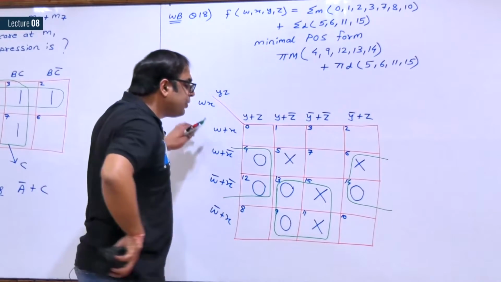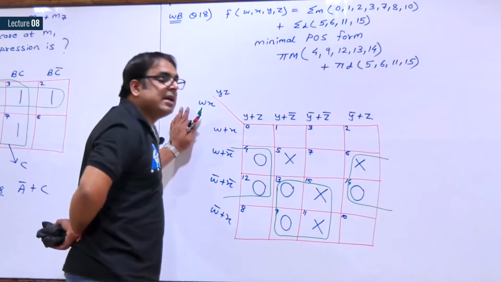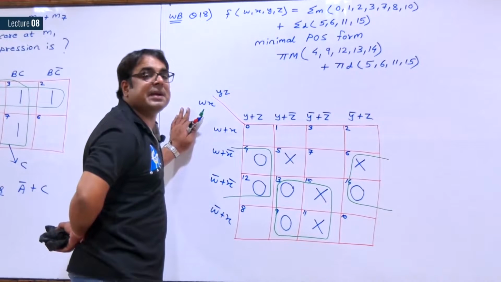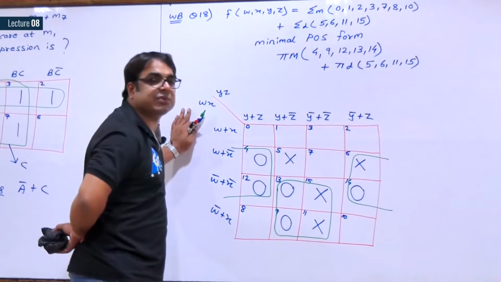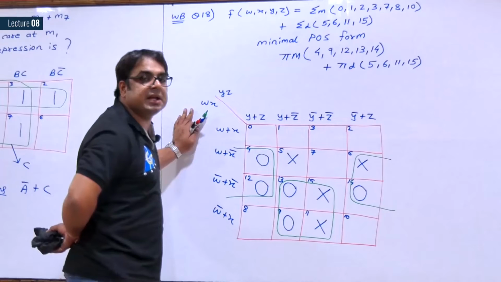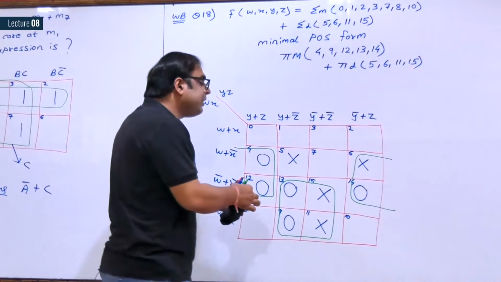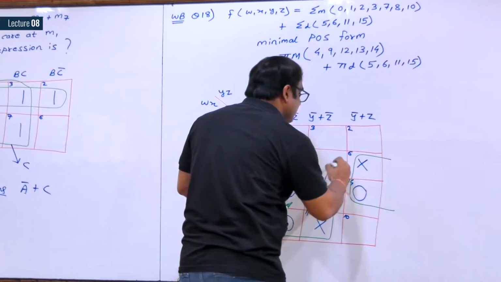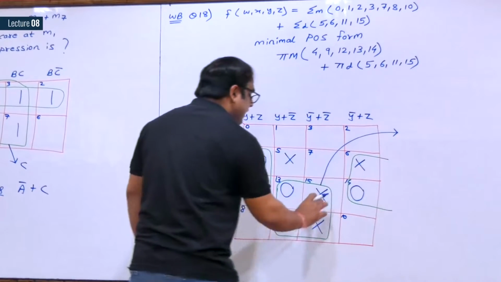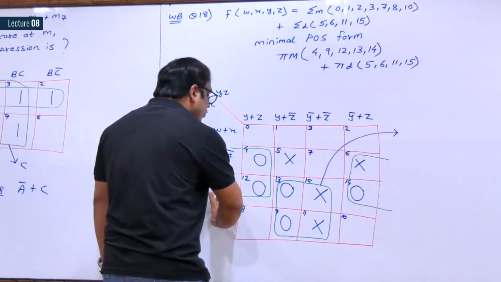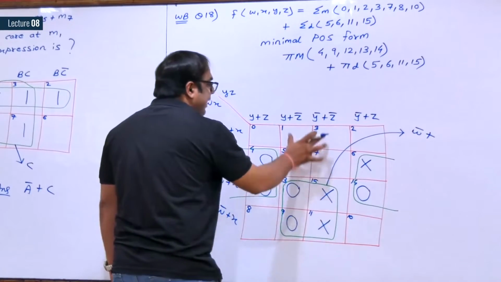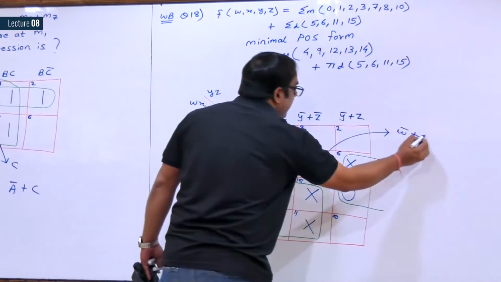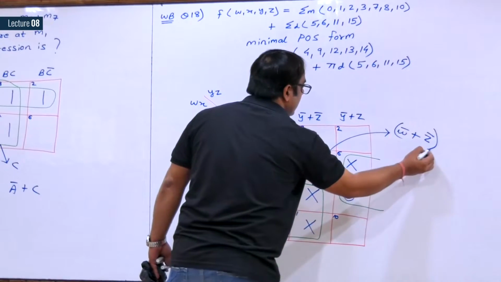Some students, if they try, may complete the K-map in 3 quads, but 2 quads are sufficient to completely group the K-map. Now let us come to the expression. This quad has W complement common, and this quad has Z complement common.